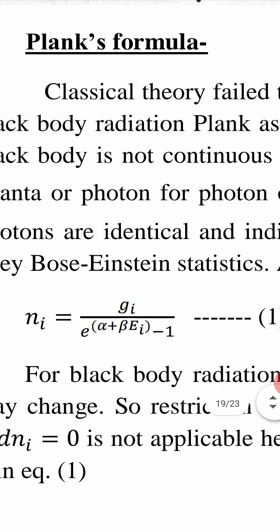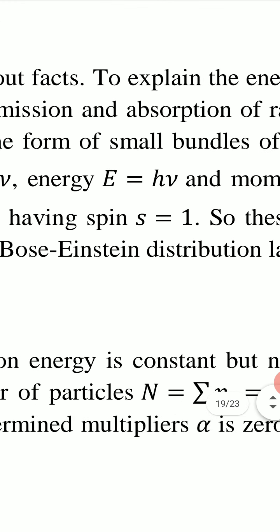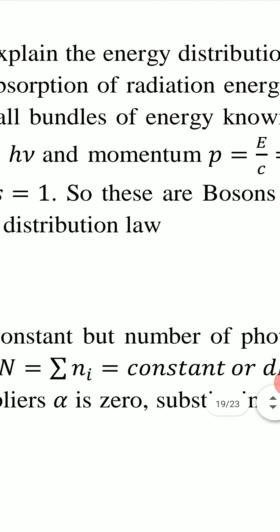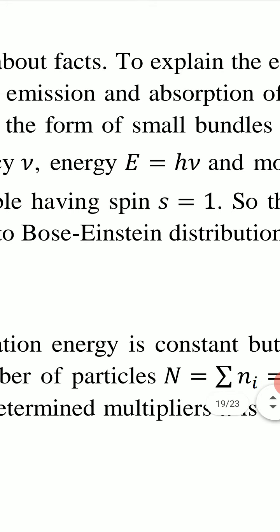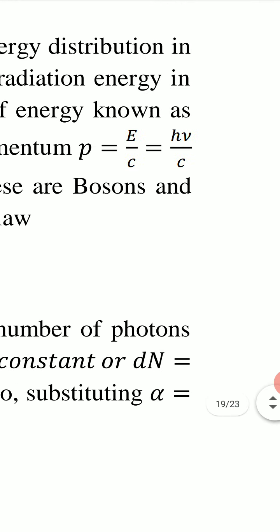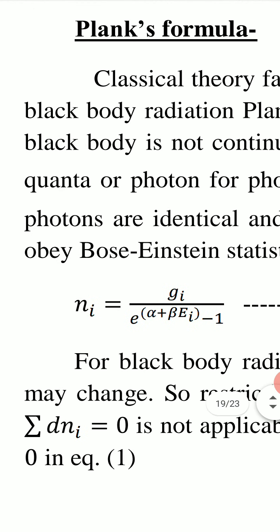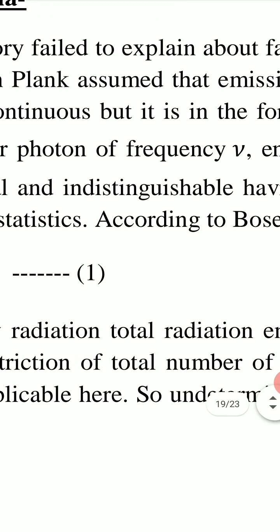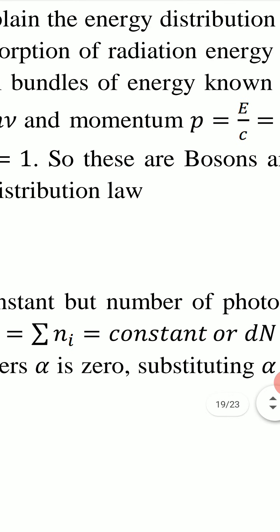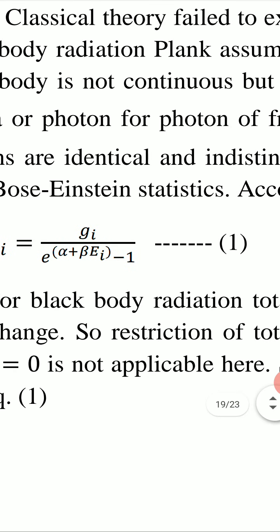in blackbody radiation, Planck assumed that radiation emission and absorption of radiation energy in a blackbody is not continuous, but it is in the form of small bundles of energy known as quanta or photon.